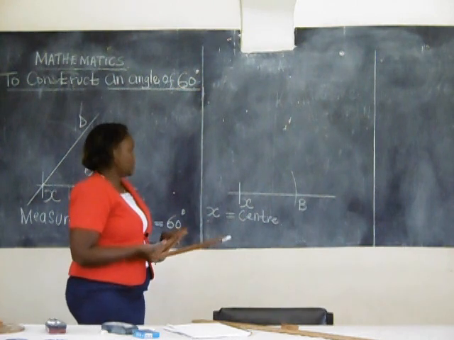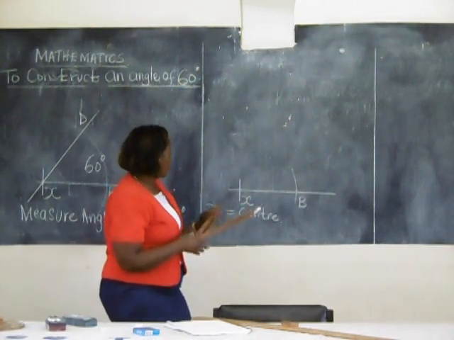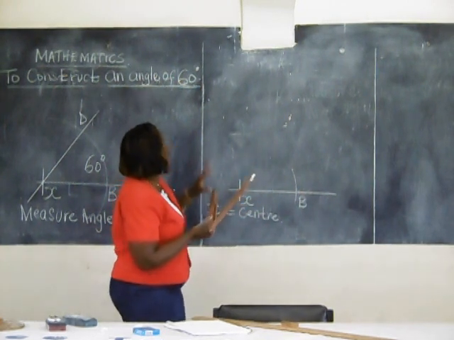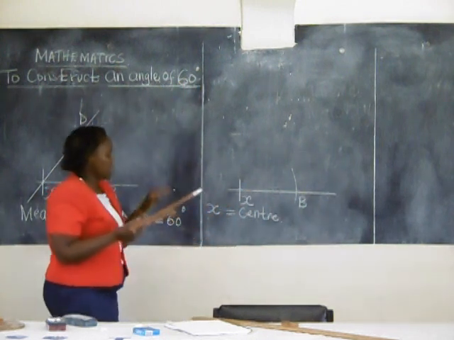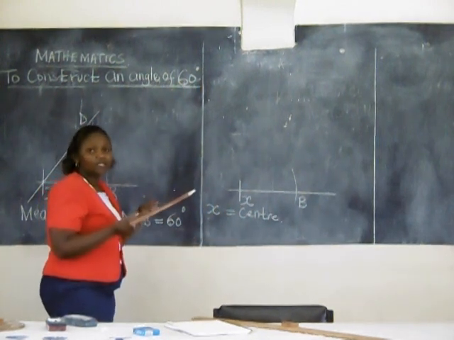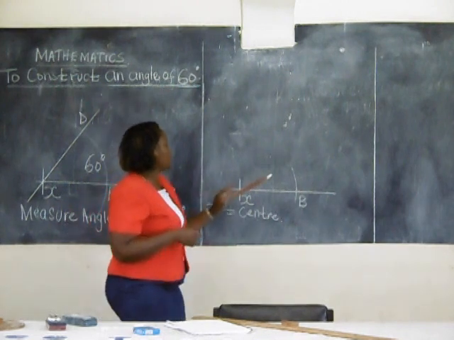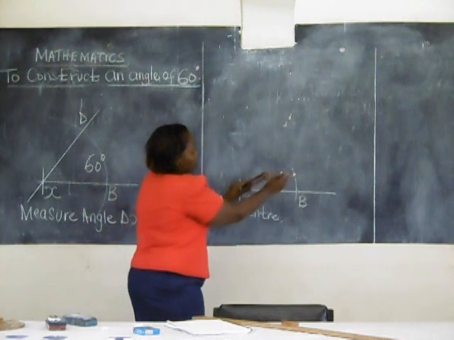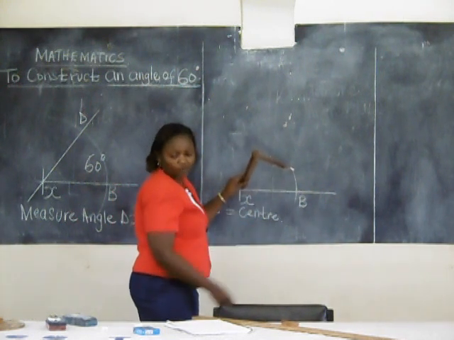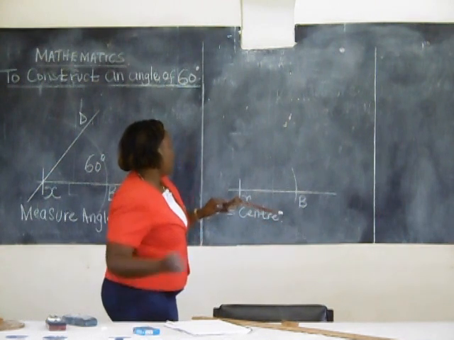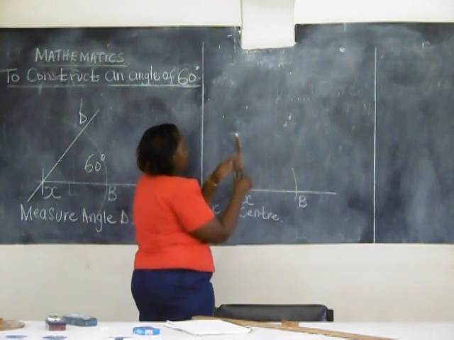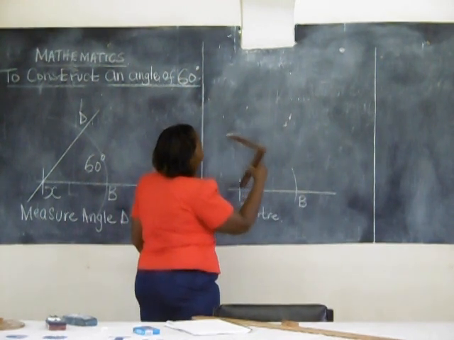Are we together? Okay, we want again to construct the same angle of 60 degrees, and there is another way you can construct it. You draw an arc there and call it arc B. Then place your pair of compasses there and draw another arc.